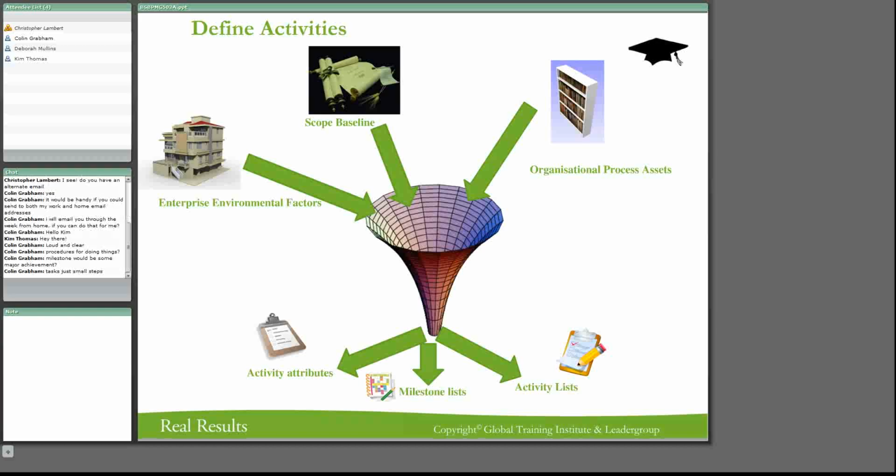Track small steps. Yes. Well, you see, now this is Graham. This is why I asked the question. Graham says just tasks, just small steps. Come on, help me out a little bit more. You're on the right track, Colin, but you haven't given me a good answer yet. Come on. What's the one attribute a milestone doesn't have that an activity would have?